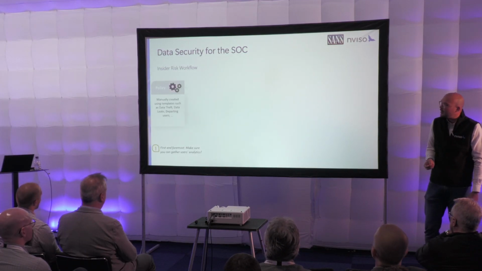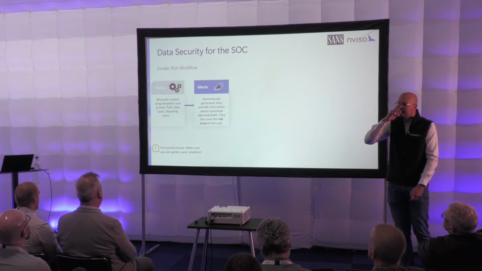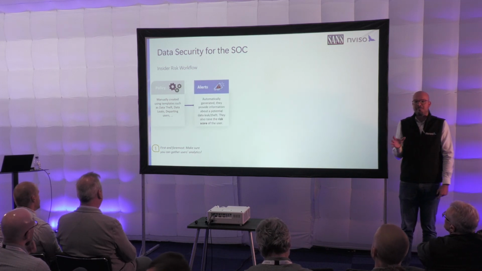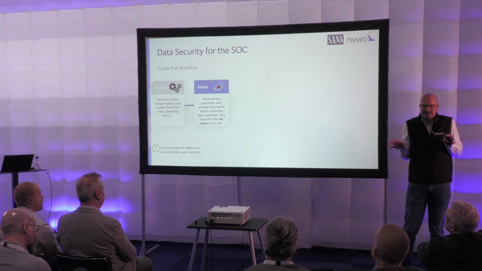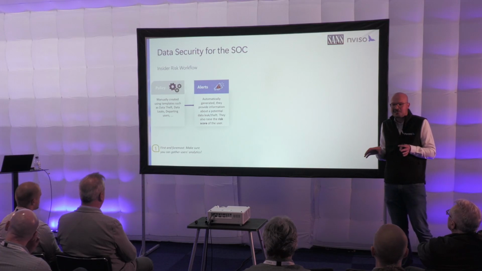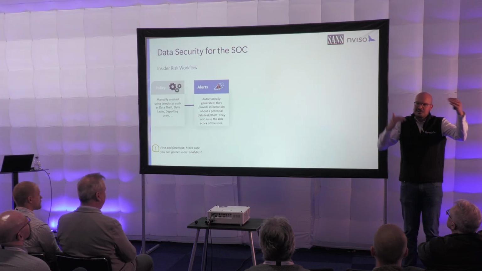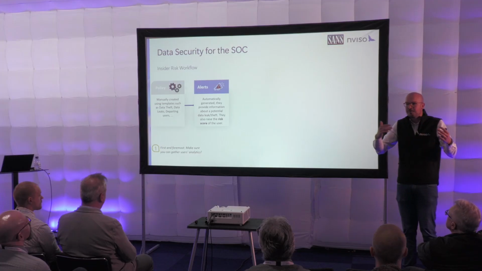So what's the workflow when you want to activate insider risk management? The first thing you need to do is use a couple of policies. I can see some of you already shivering at the idea that I have to configure policies. This is not the data loss prevention type of policies on labeling, where this user can do this and this group can do that.